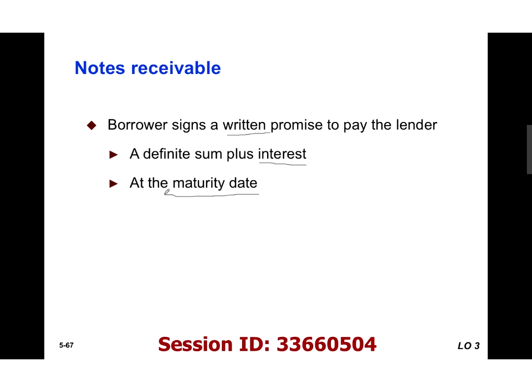Typically accounts receivable have a due date, you have to pay within 30 days, but they don't typically carry interest. Notes receivable is a formal written promise to pay, from your customer or whoever you've loaned the money to, and it's going to have interest on it and a maturity date when it's due to be paid.